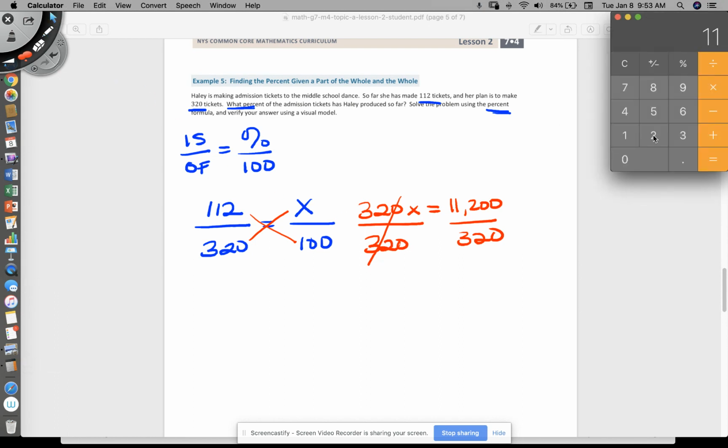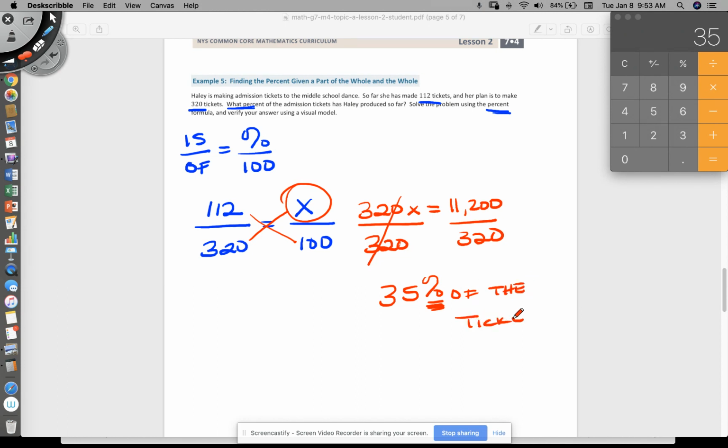We're going to do 11,200, and we're going to divide that by 320, and I get 35. So 35%. Don't forget your percent symbol, because what was I solving for? I was solving for percent of the tickets. So far, she's done 35% of her goal to getting all the tickets completed. All right, and that is the end of this lesson, and I hope the video helps.